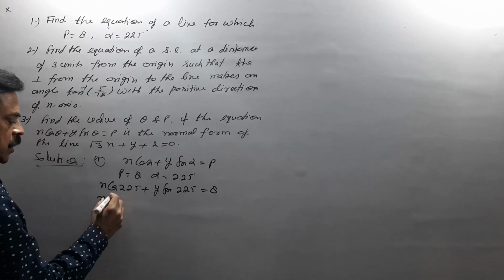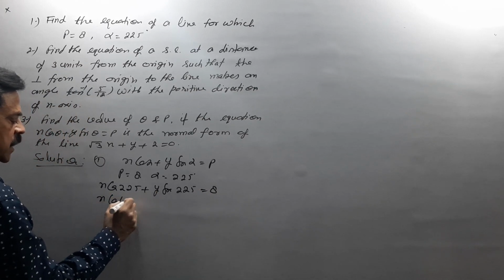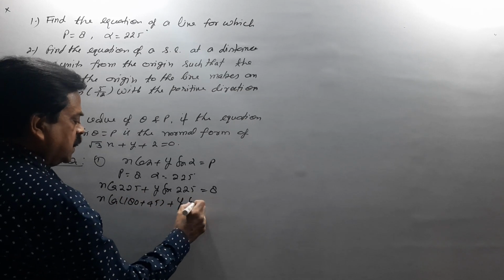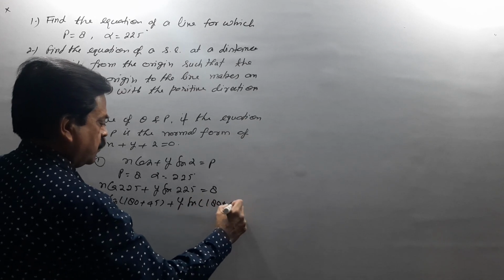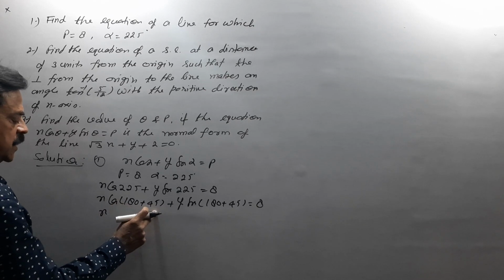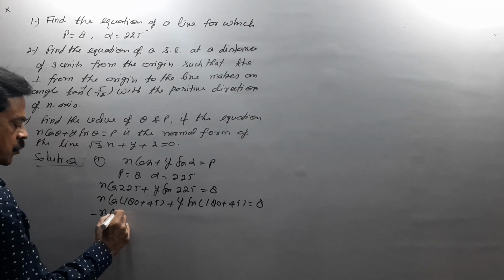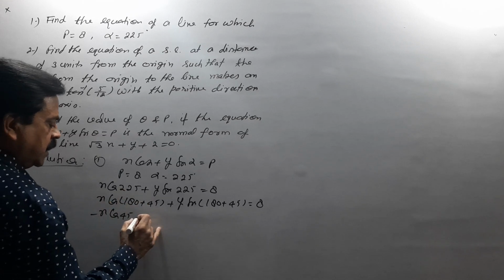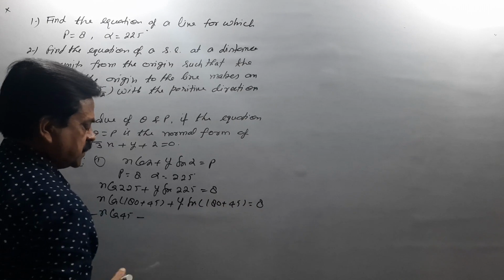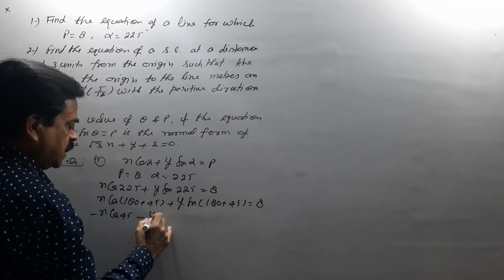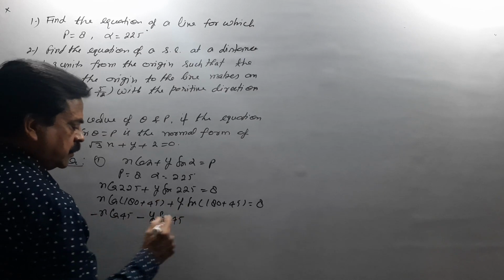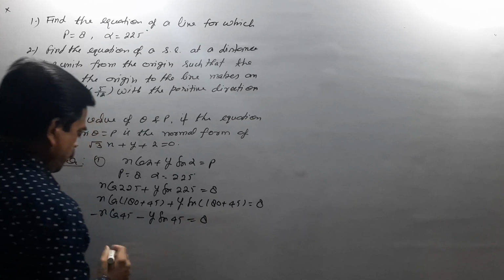x cos 225 may be written as cos(180 plus 45), similarly here y sin(180 plus 45) is equal to 8. Cos(180 plus theta) will be minus cos theta, so minus x cos 45, theta is here 45. Similarly sin(180 plus theta) will be minus sin theta, minus y sin 45, minus equals to 8.